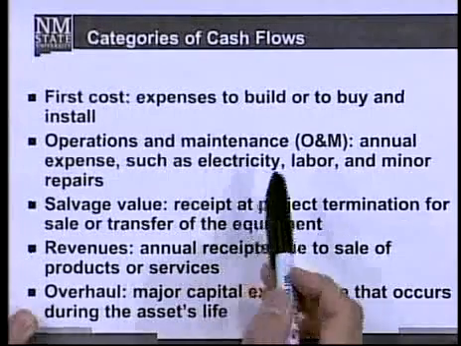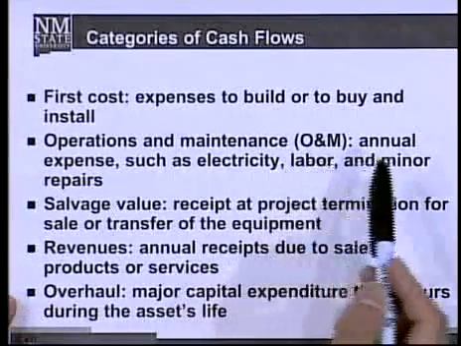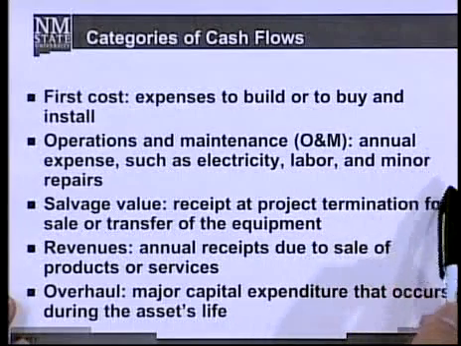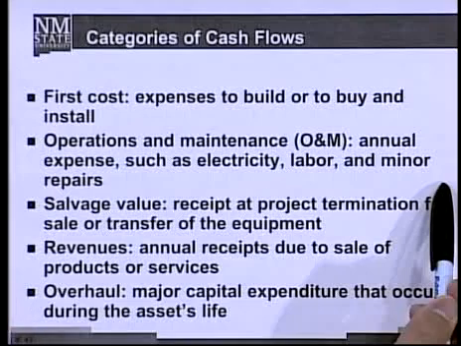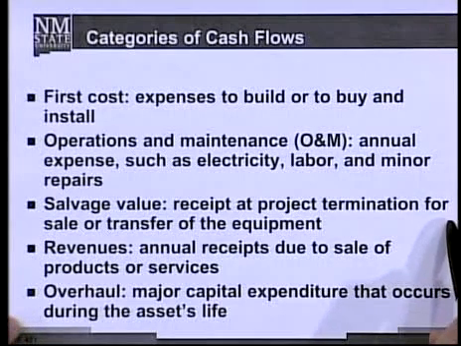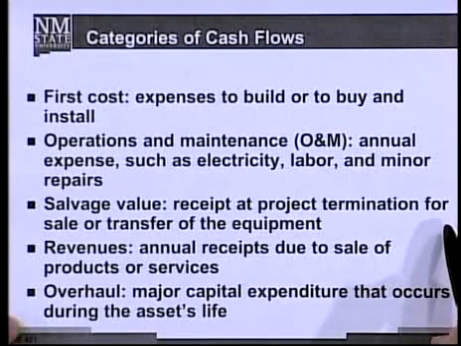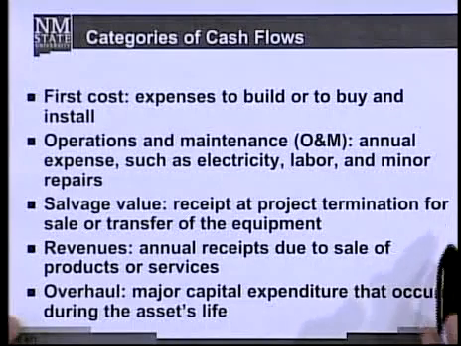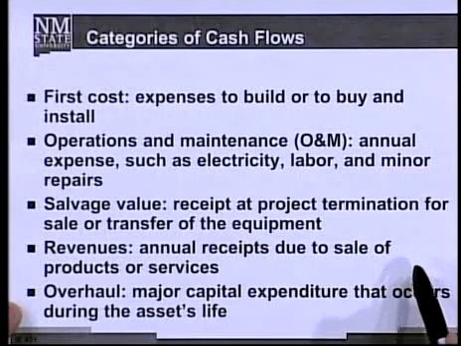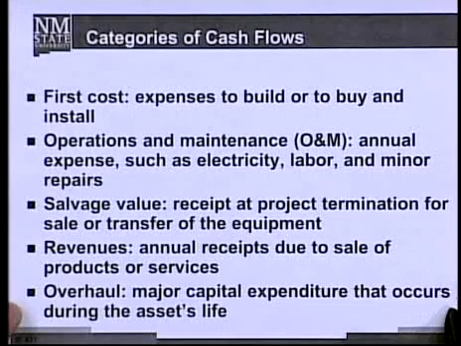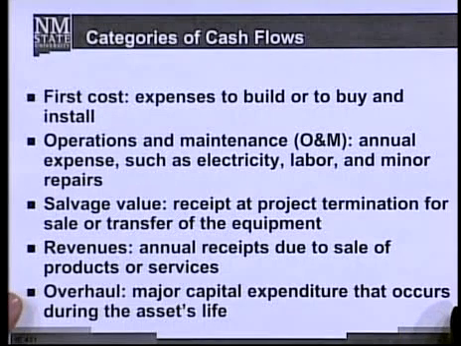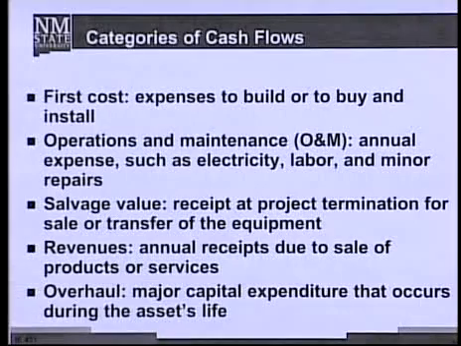Operations and maintenance cost, O&M, is the annual expense, such as electricity, labor, and minor repairs. The salvage value is the receipt at project termination for sale or transfer of the equipment. Revenues are the annual receipts due to sale of products or services, and the overhaul is the major capital expenditure that occurs during the asset's life. Okay?